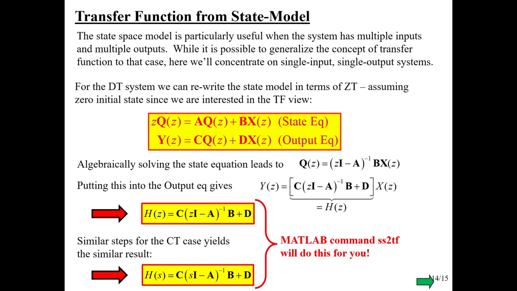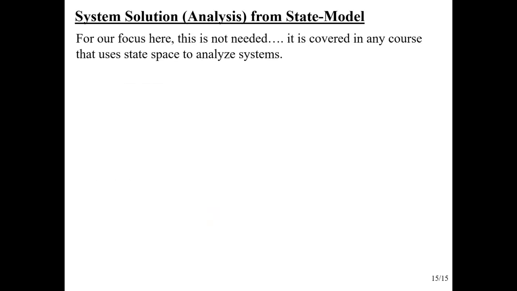Well, it gives you the observable canonical form, I think. But here, you start with your specific form for the state model, and you get the transfer function. So that's a convenient thing, especially given that finding that inverse can be a little bit challenging. Okay, we're not going to do that too much, but we will occasionally see that.